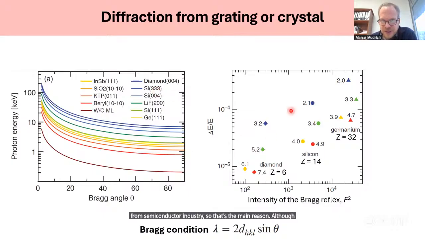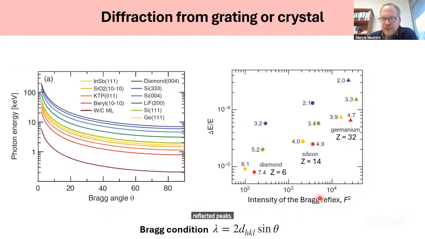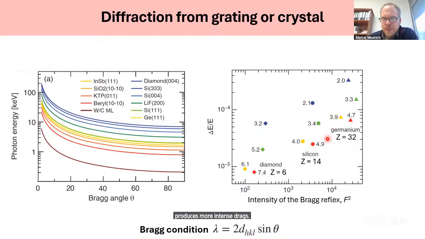Although, I mean, you can see here on the right-hand side, this is a plot that shows the intensity of the Bragg reflected peaks. And there you can see that silicon actually doesn't have the highest intensity. The germanium produces more intense Bragg peaks. Diamond Bragg peaks are even less intense.